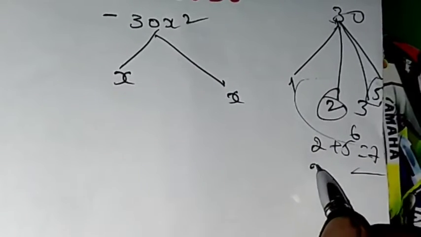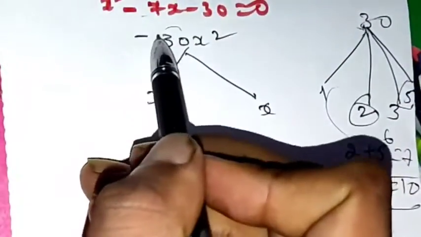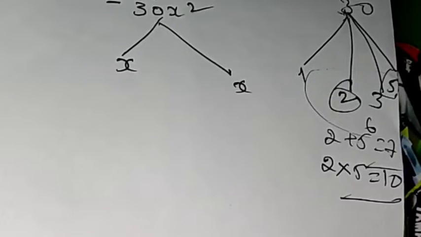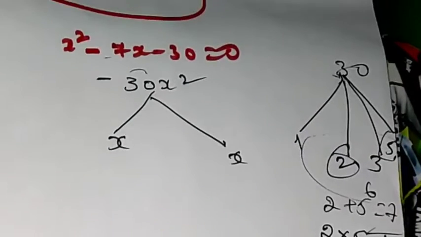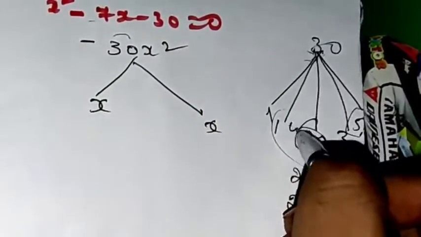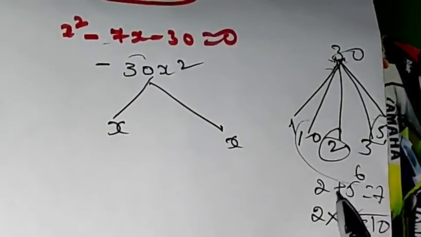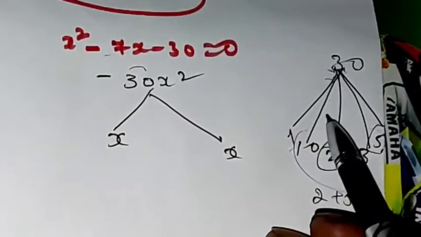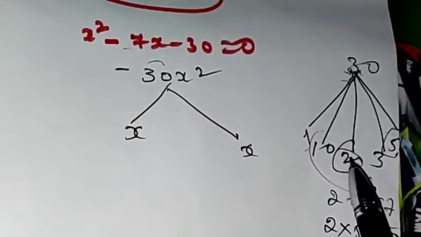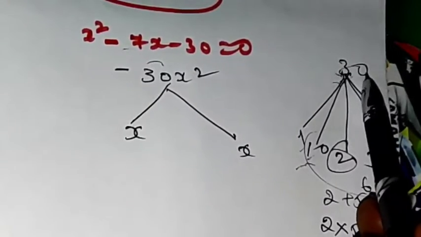But if you multiply 2 into 5, we get 10, but we want 30. That's why we choose another factor. 10 is another factor, 10 also divides 30, we know that.